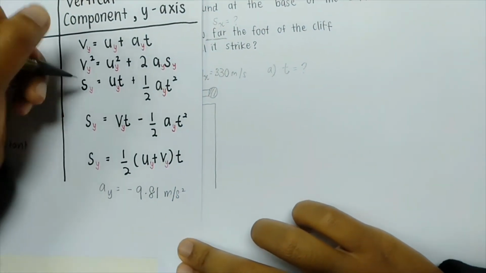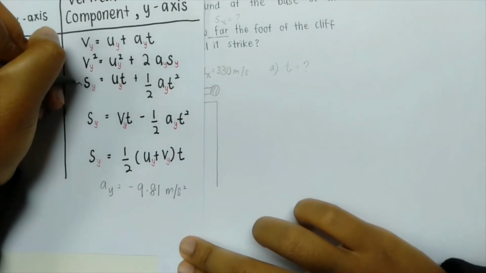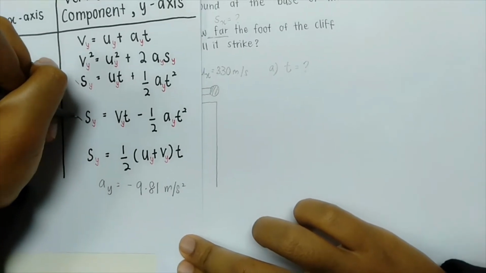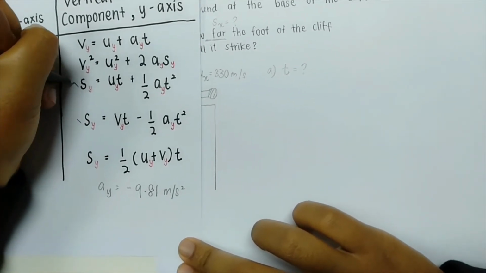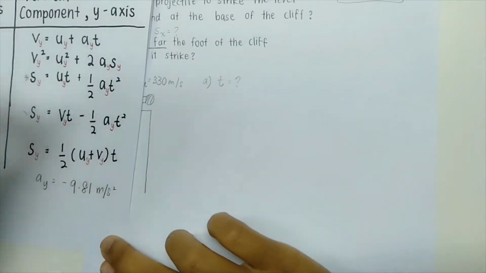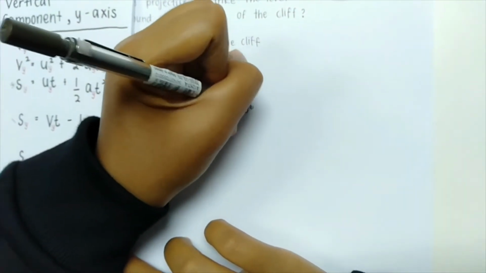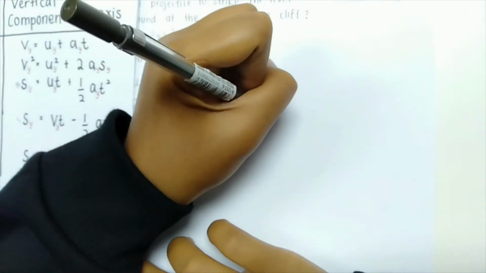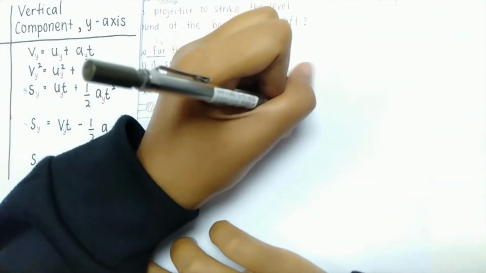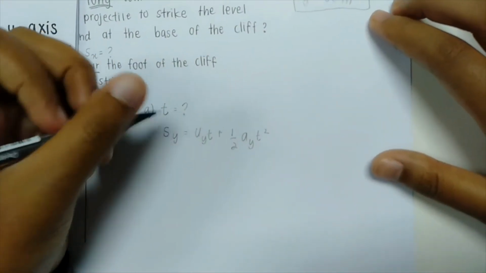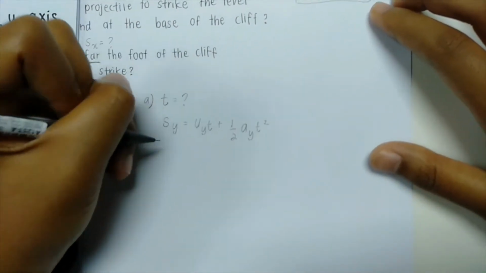So we can use either this or this equation. I want to use this equation: Sy equals Uy t plus half Ay t squared. We just key in the information given to the equation.